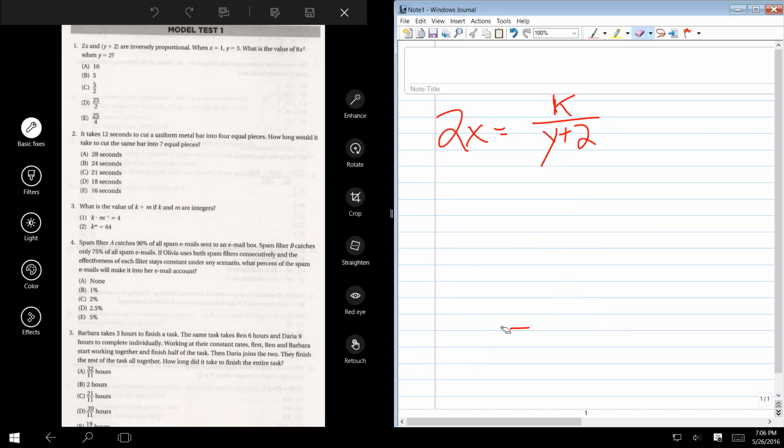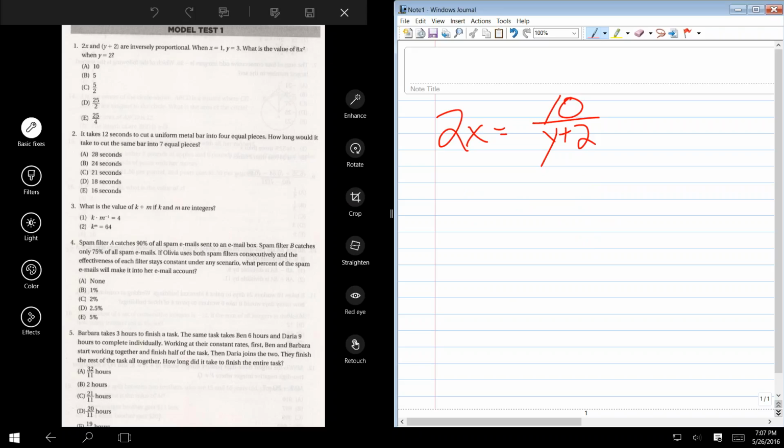This is just a general equation that states sentence number 1. Now I can solve for k because they say when x equals 1, y equals 3. If we plug that in, that gives me 2 equals k over 5. Exactly. So k is 10. Now I can go back to the original equation, and there's my specific equation for this particular problem.